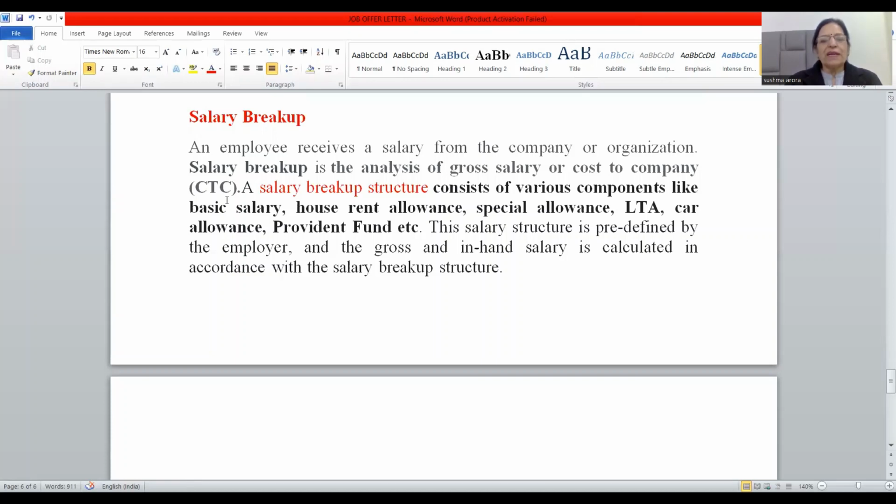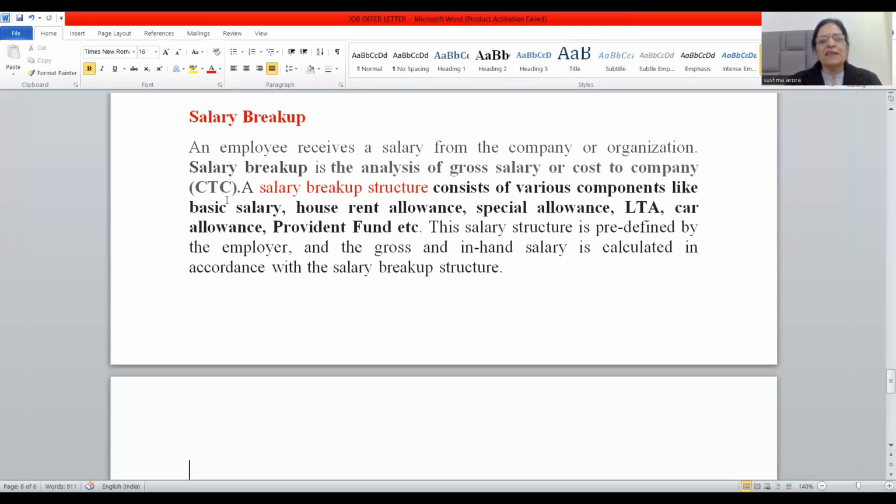A salary breakup structure consists of various components like basic salary, HRA, house rent allowance, special allowance, LTA, leave travelling allowance, then car allowance, provident fund, to which the Provident Fund Act applies.